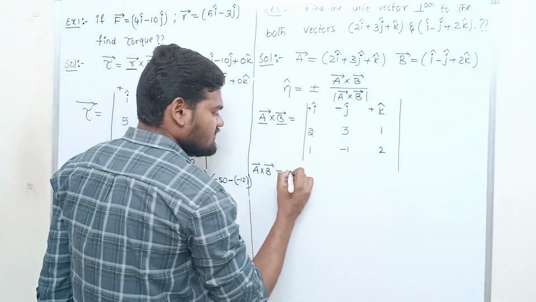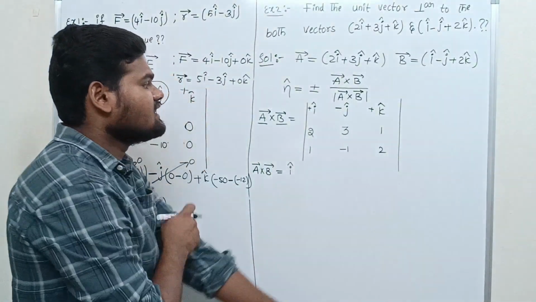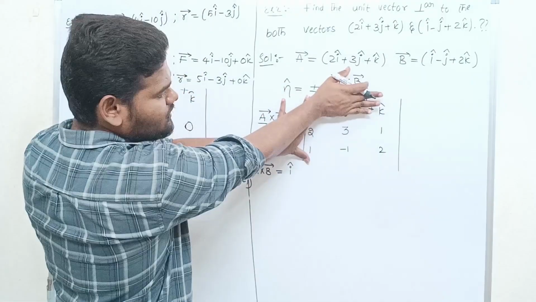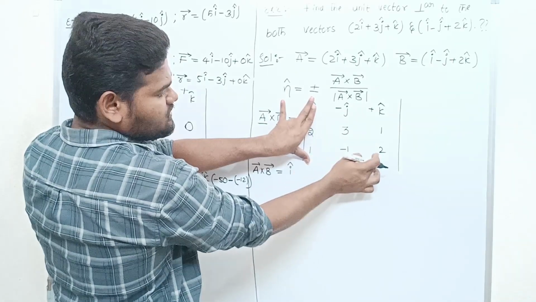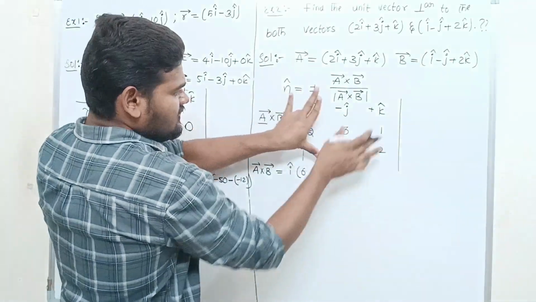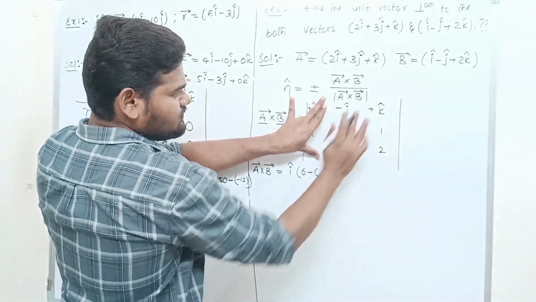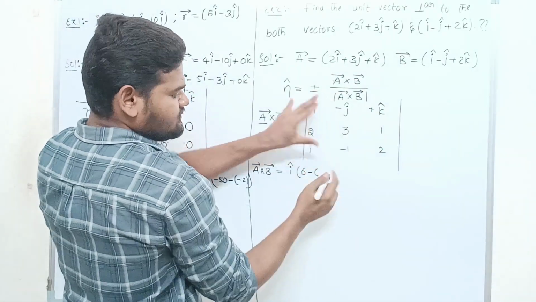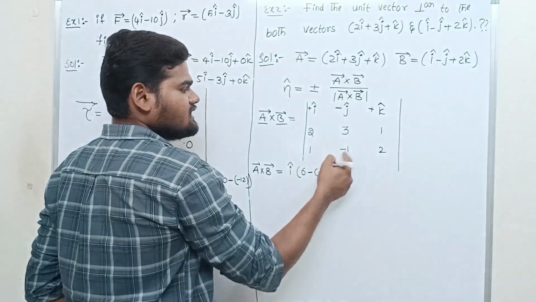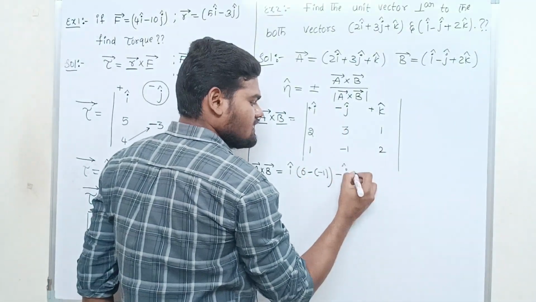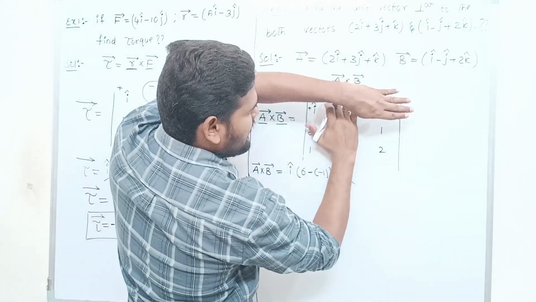So have a look. What is the first one? i cap. So what we have to do? Just remove this column and row. Then 3 into 2 is 6, and minus 1 into 1 is minus 1. When we are moving in the upward direction, we have to take a negative sign. Next we have minus j cap. Just leave this row and column.